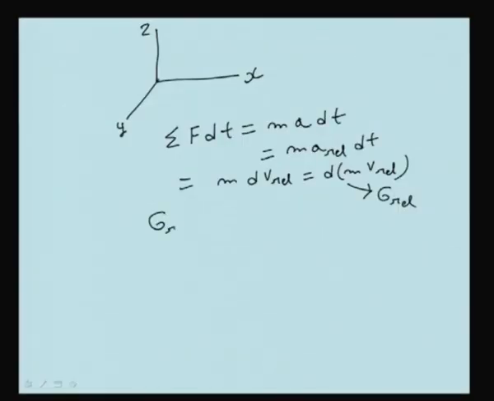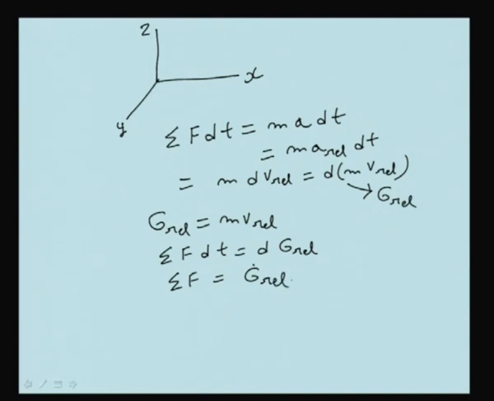So G rel is equal to m V rel, or sigma F dt is equal to dG rel, or sigma F is equal to G dot rel.